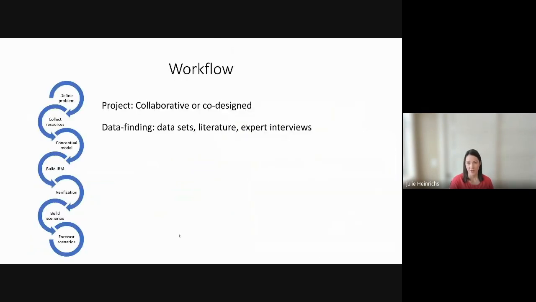But whether using that framework or others, the workflow for kind of creating these IBMs is roughly as follows. I often work with people that have very specific project objectives in terms of conservation or a scientific question. So we collaborate and co-design the project and its objectives and what the model needs to accomplish to be actionable.